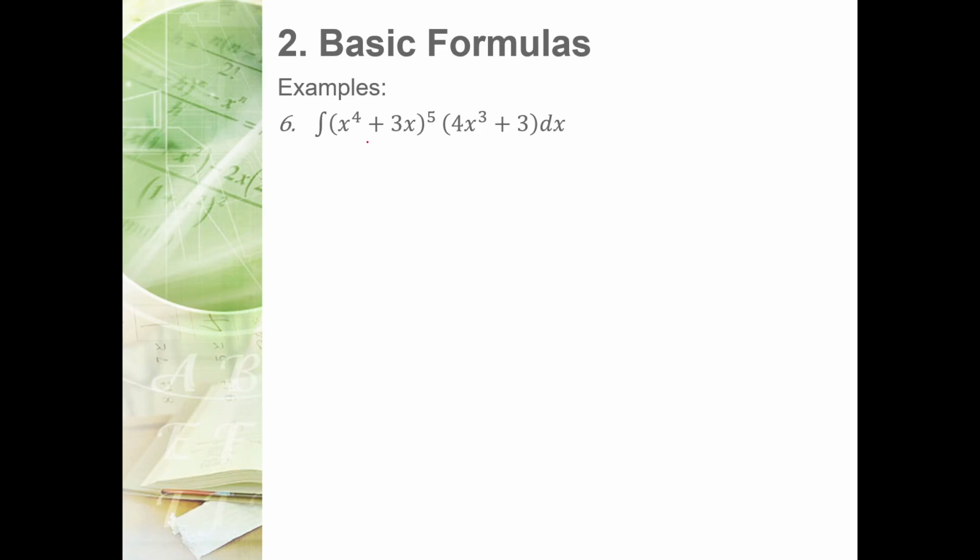The only possible basic way is for us to expand, right? First expand using the 5th power and then multiply it with 4x cubed plus 3. Then you have to group together the like terms or the common terms. So it is a long process.